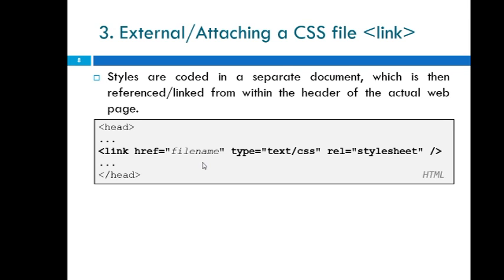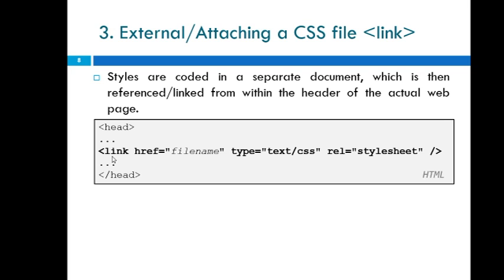Suppose the CSS file name is style.css, then you have to write style.css in here, and then the type of the file is text, and it contains the CSS coding. So what is the relation of this file? REL stands for relation, it contains the style sheet.